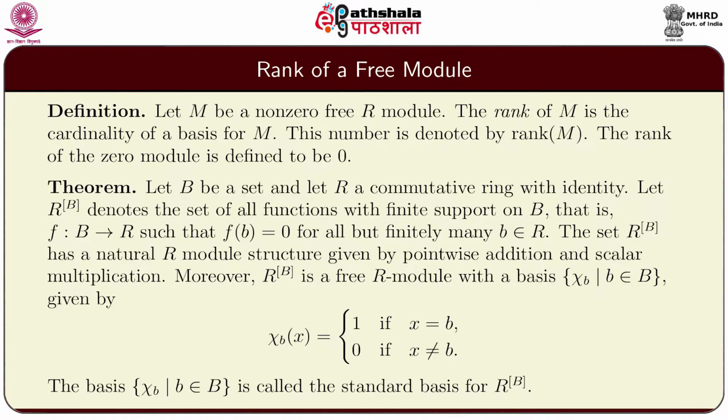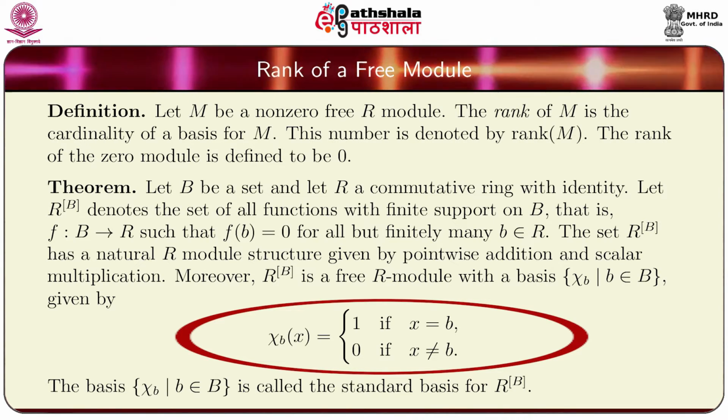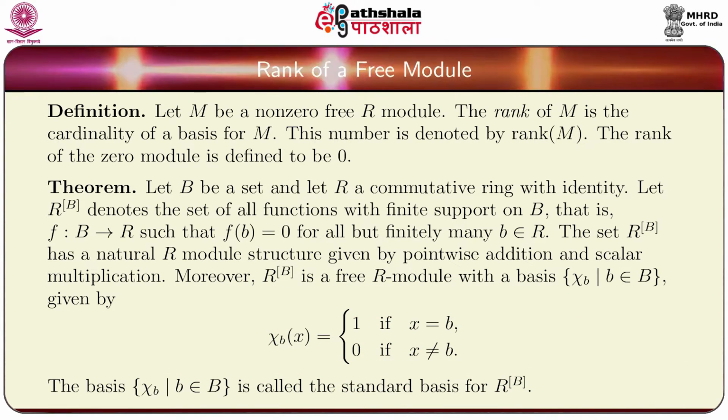Moreover, R box B is a free R module with a basis given by these functions chi b, where b is running through the set B, and the functions chi b are defined as chi b of x is equal to 1 if x is equal to b and 0 if x is not equal to b.